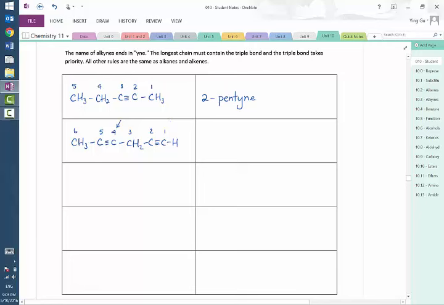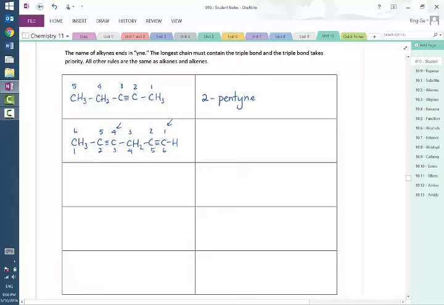This is much smaller than if you were to number the chain from the left, which would have resulted in a numbering system of 2 and 5. So 1 and 4 clearly is the better option.